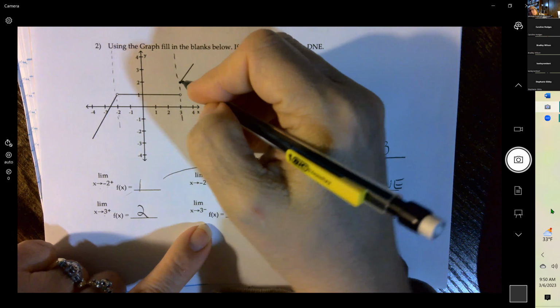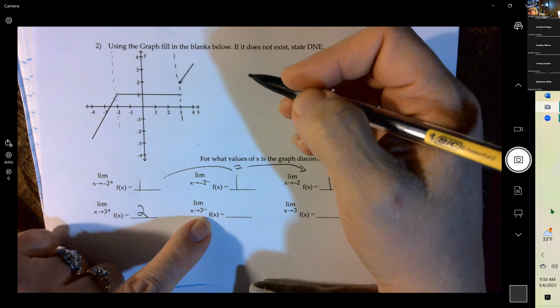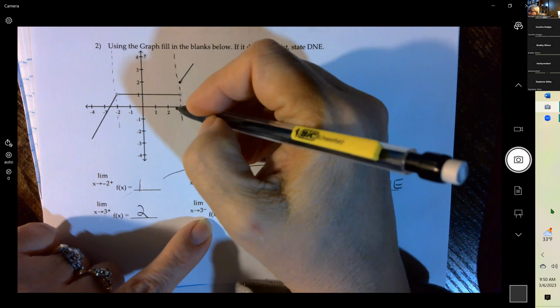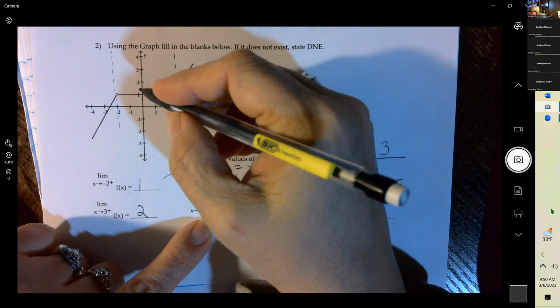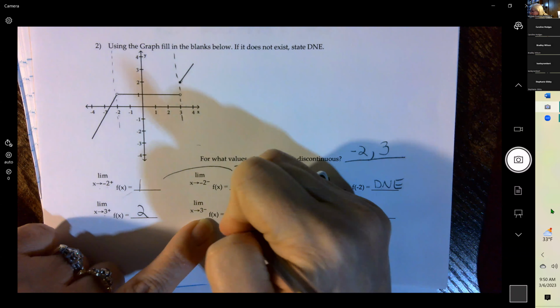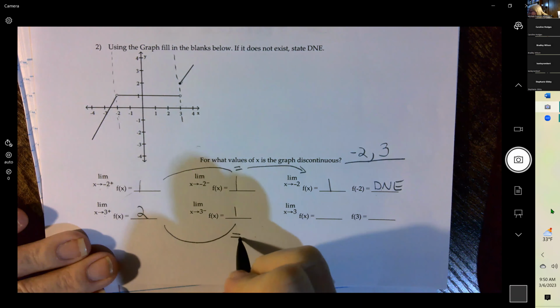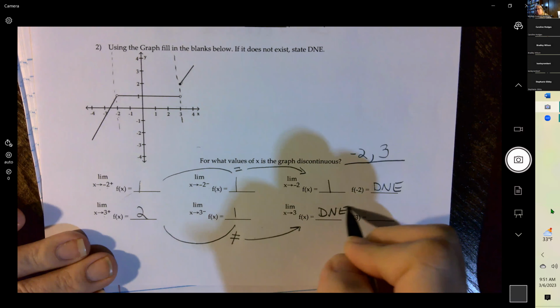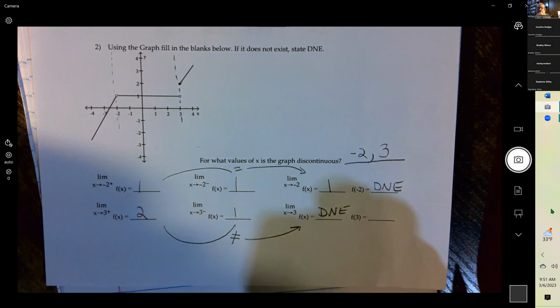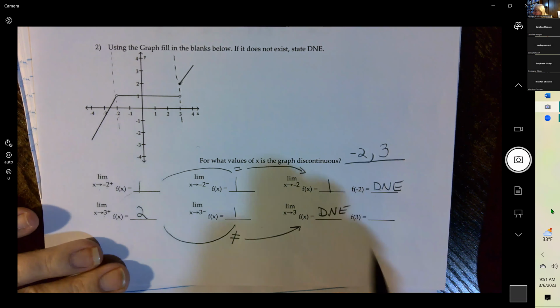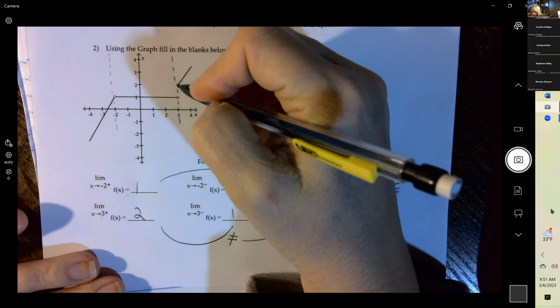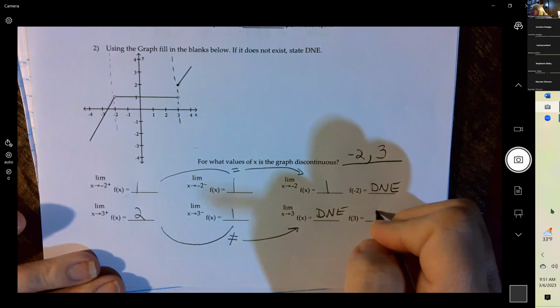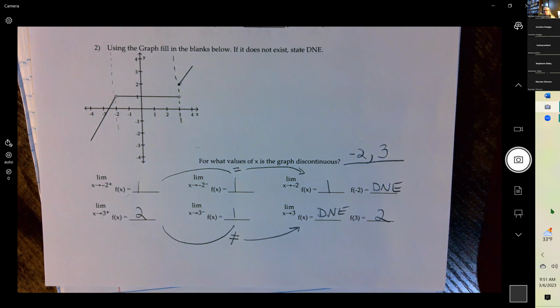The next one is the left, because of the minus sign, a little smaller. We're down here at 1. These two are not equal. This one does not exist. The last one's the shaded in point, and the shaded in point is this one at 2. Any questions on that?